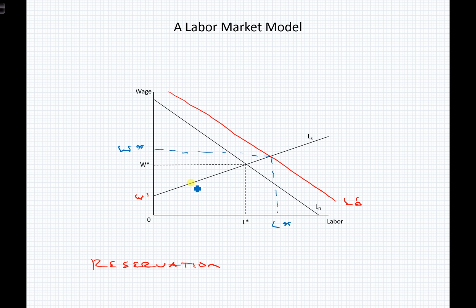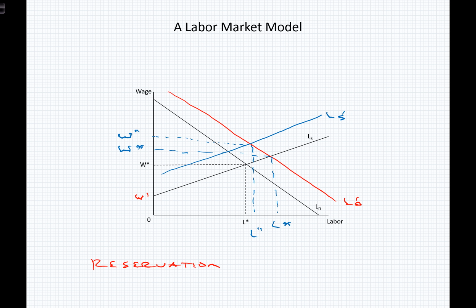So if we think about labor supply decreasing, we actually think about it coming inward in such a fashion that the number of workers required at that wage, we'll call this L prime. That wage, in fact, we'll call L double prime. That would then yield a wage increase to W double prime.